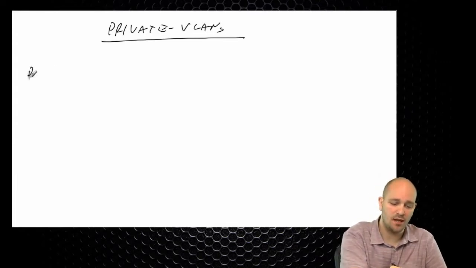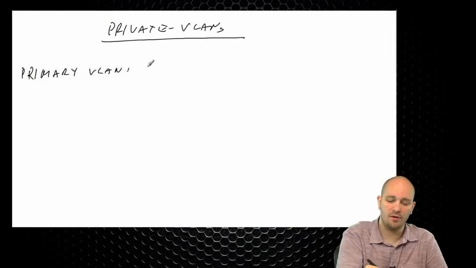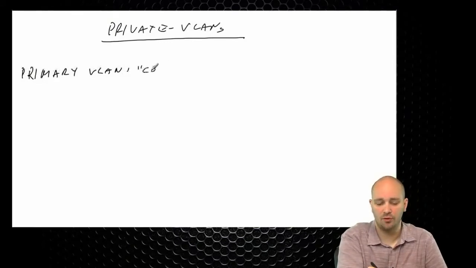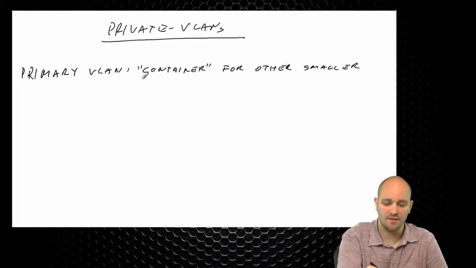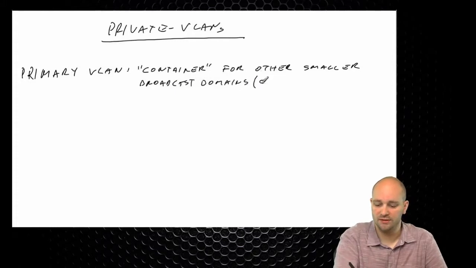First thing is we have a primary VLAN. Primary VLAN is really, I like to think of it as a container for other, smaller broadcast domains, which are also called secondary VLANs.